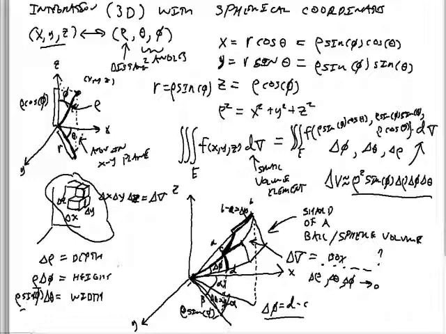So let's do a simple example. So this is spherical coordinates, right? So again, we have our dV is going to be rho squared sine phi d rho d phi d theta.